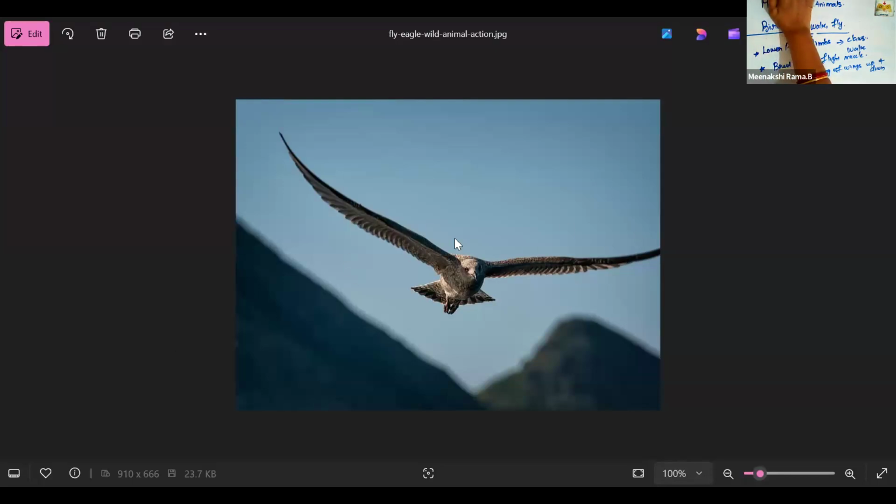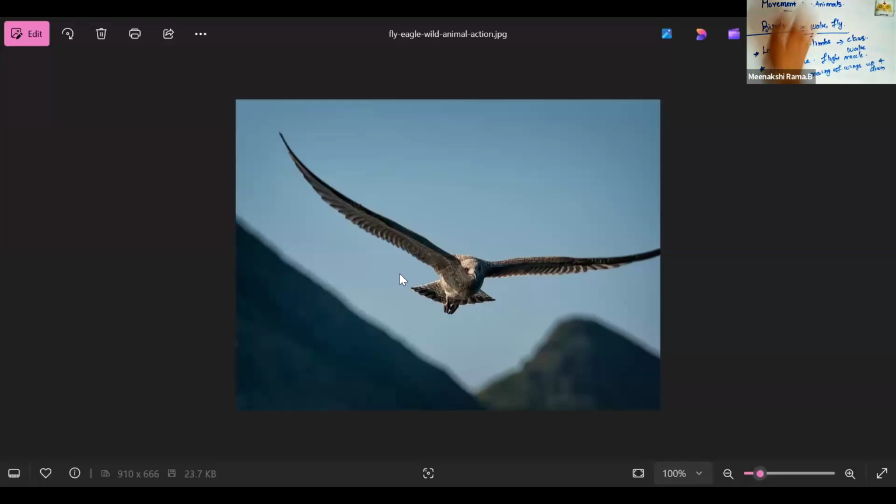This kind of action is called gliding. In this movement, the bird uses air currents for going up and down. In this way, the bird moves in an up and down action.